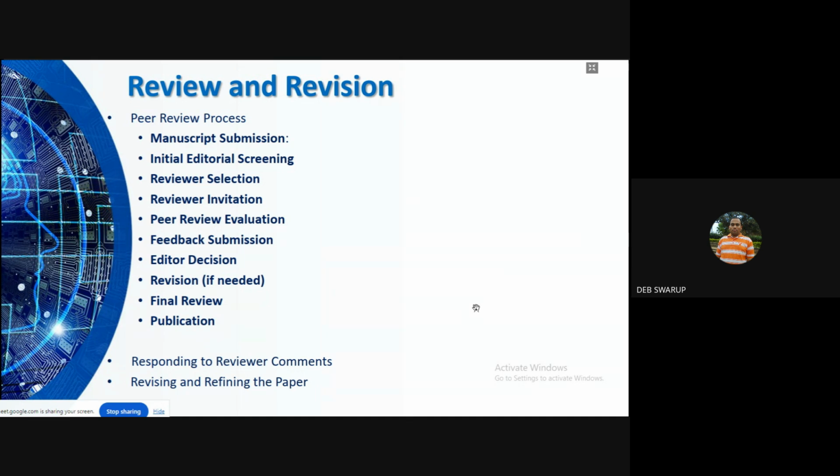Then revising and refining the paper. Sometimes it gets into our skin that how come someone else is poking at a thing which is 100% correct, which is as per my knowledge. Why is he saying that this is not correct and to change it? Clear.